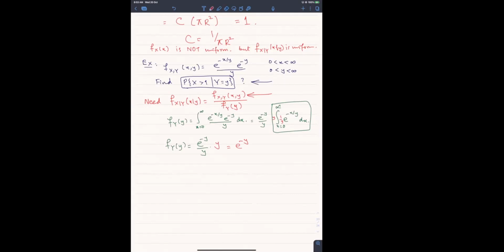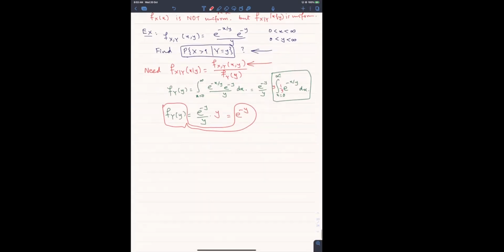Not just that, we also recognize that fy of y is equal to e to the minus y. This is also an exponential. Okay. Now, f of x given y would be equal to the joint, which is e to the minus x over y, e to the minus y, divided by the marginal, which is e to the minus y.